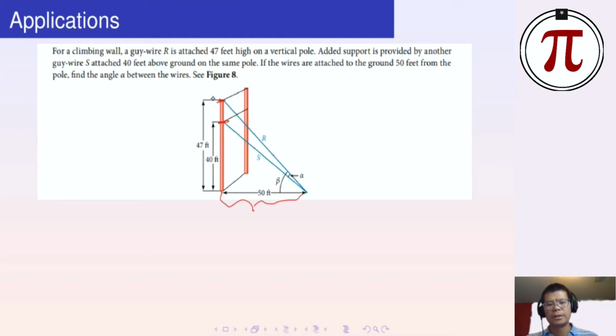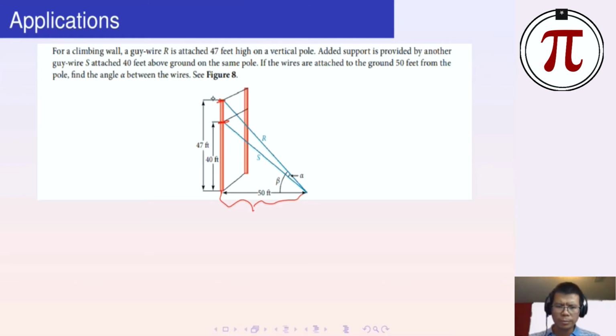All right. So from this one, we see that one is 47, the other is 40. Here is 50 feet. And beta is the larger angle and alpha is the smaller one, right? So basically we want to find the angle alpha between the wires.